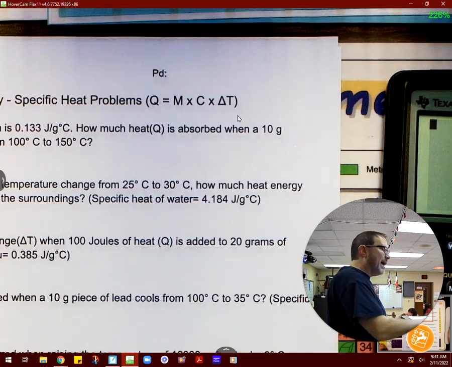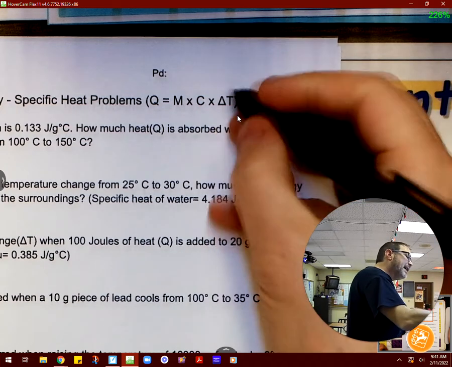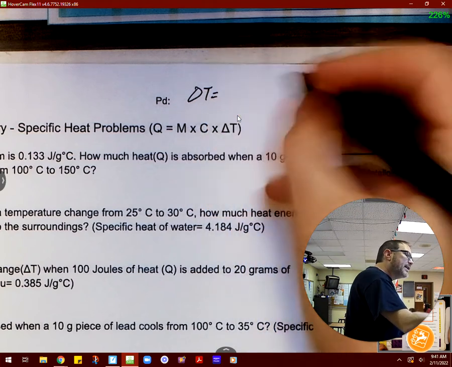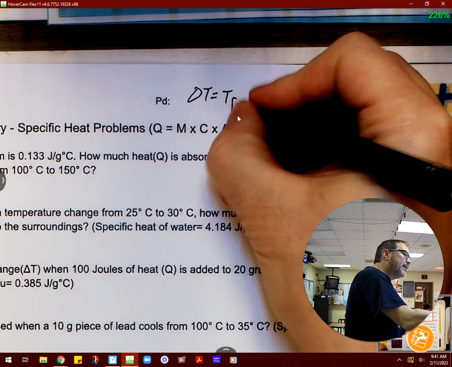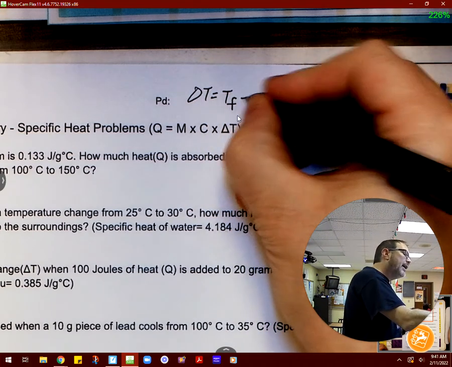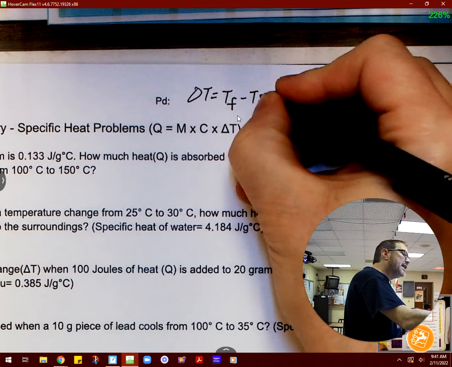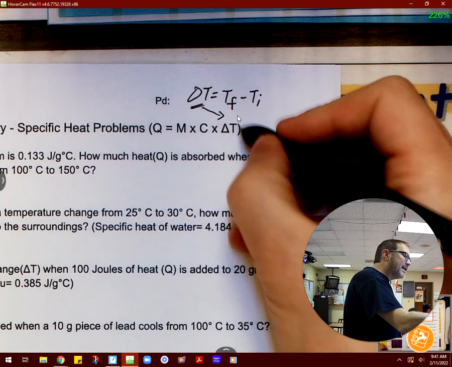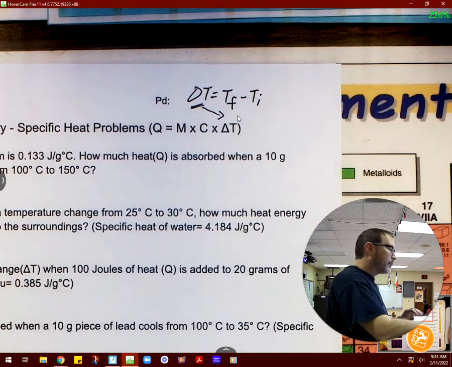Now, something you might add up here, to find delta T, that's going to be equal to your final temperature, T sub F, minus your starting temperature, T sub I. Okay? So if you need to find that, that's how you find that.